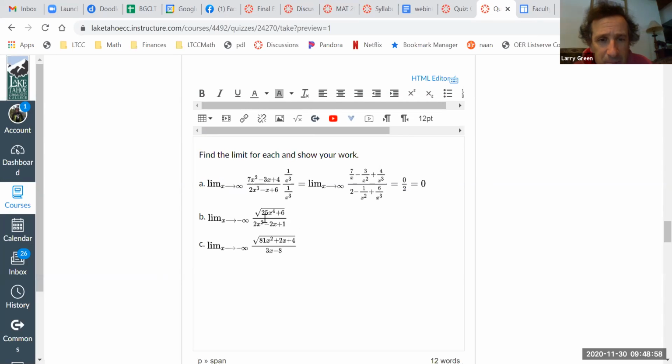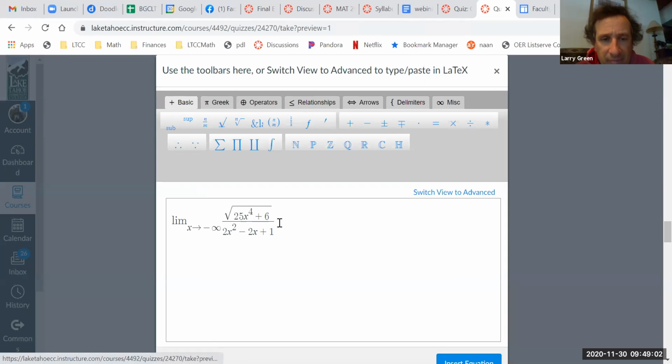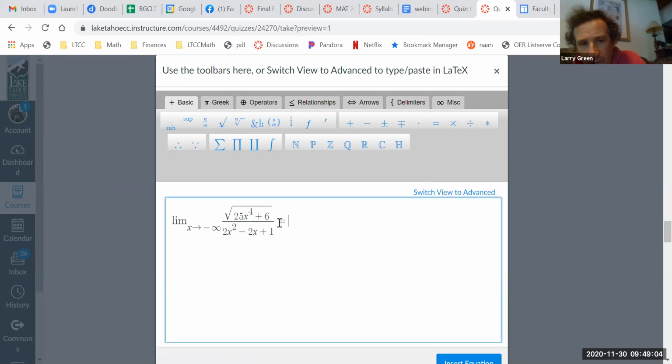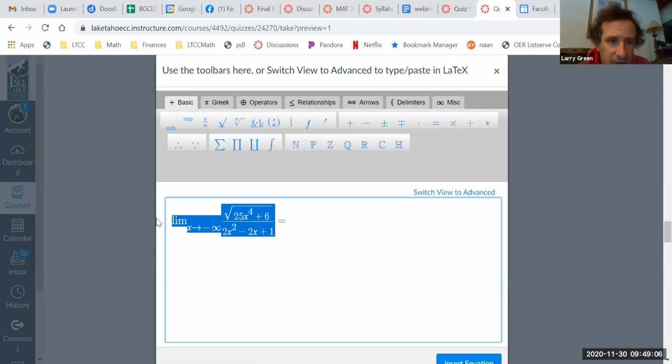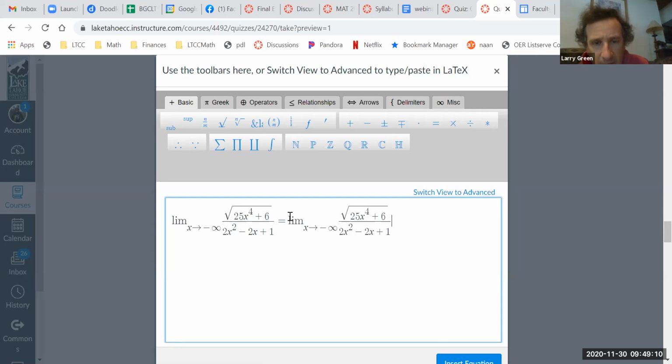Okay, then there's part B. Part B is a little harder because you have some extra subtle work to do. Same idea, we're looking at the highest power. So the highest power in the denominator is clearly x squared.